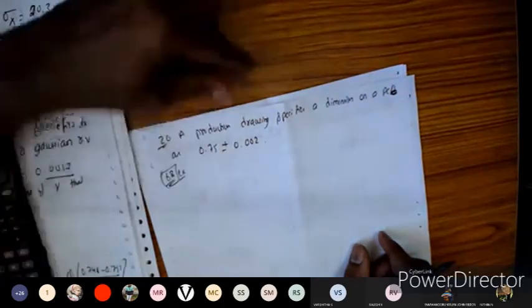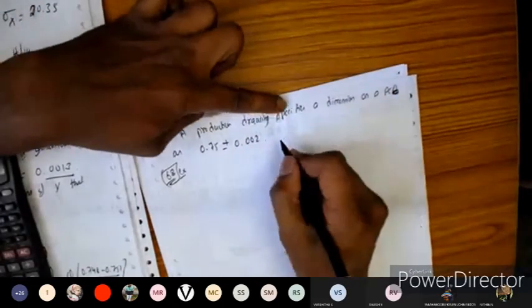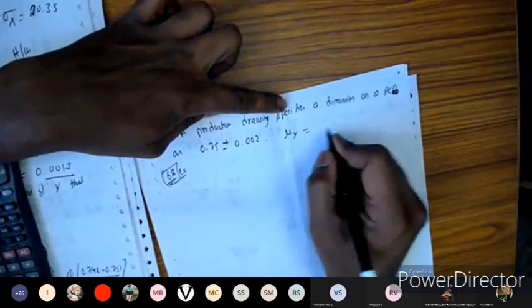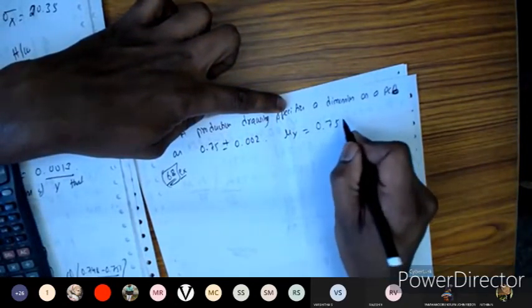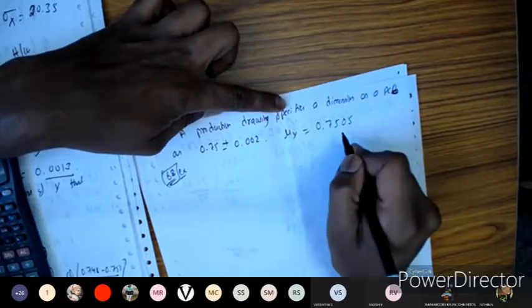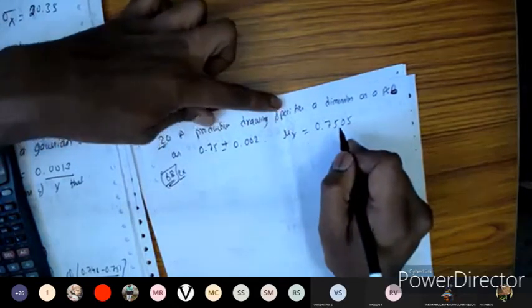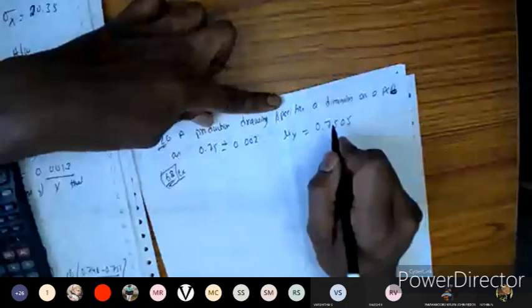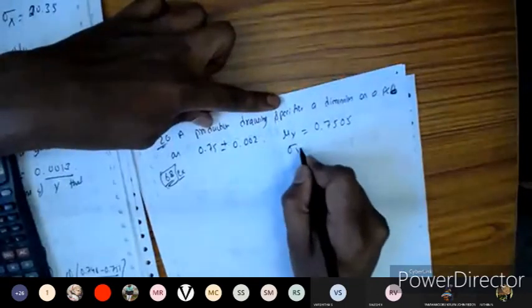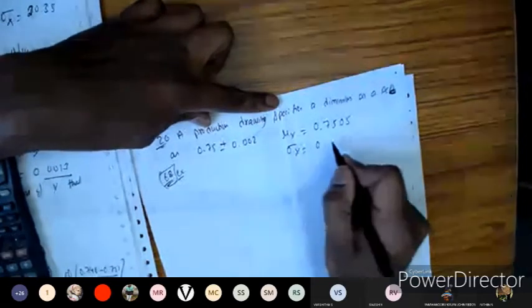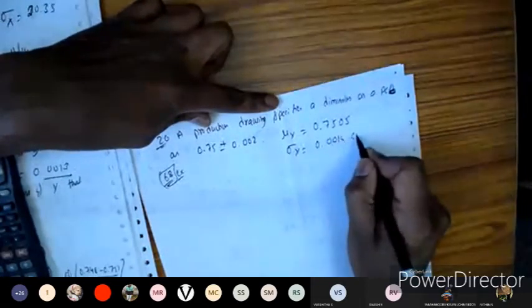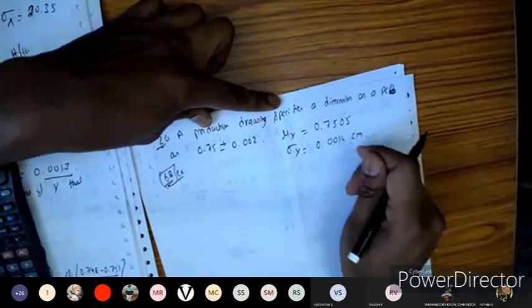They have given the mean, so we can take the mean nu y equal to 0.7505, and standard deviation sigma y equal to 0.0014 centimeter.